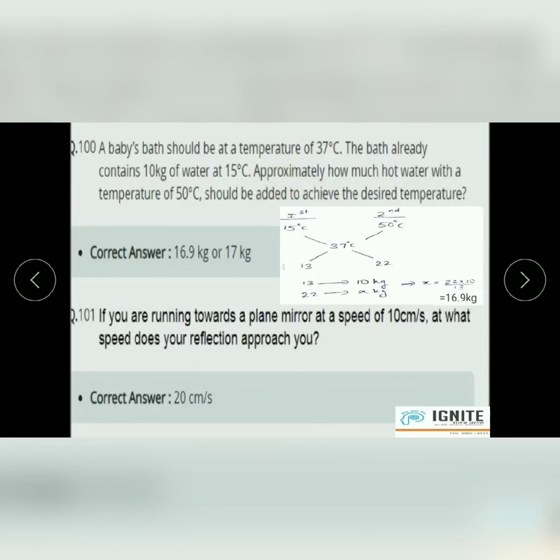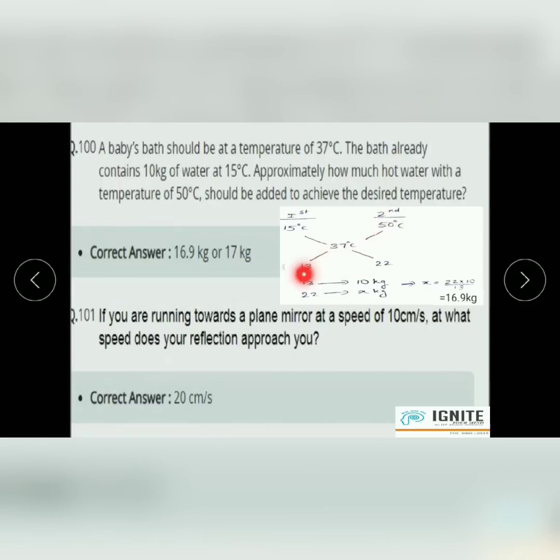Therefore, the first quantity of water is at 15 degrees Celsius and then we have to add second quantity hot water that is 50 degrees Celsius in order to get the mean value 37 degrees Celsius. First quantity 15 degrees Celsius, second quantity 50 degrees Celsius and the mean value 37 degrees Celsius.